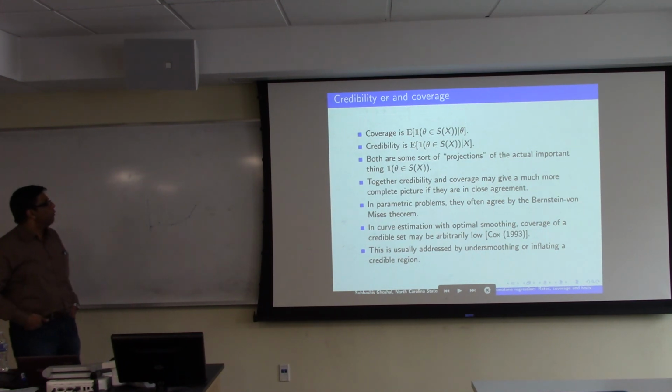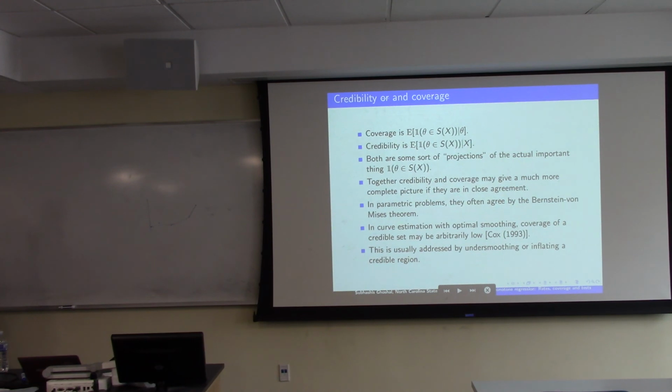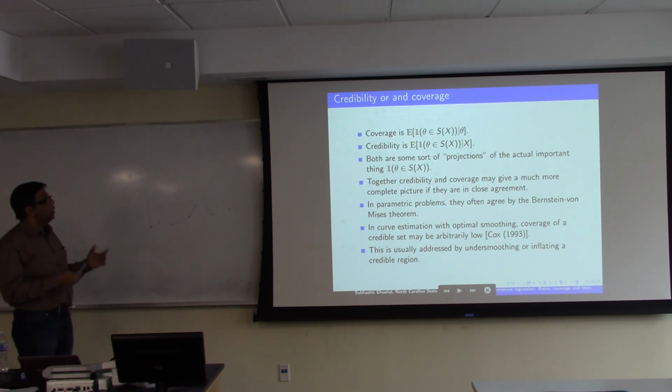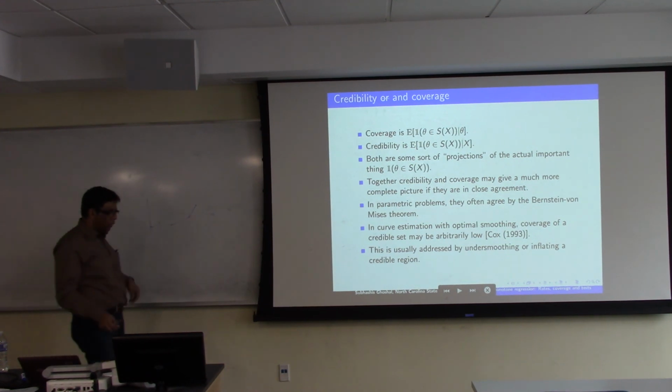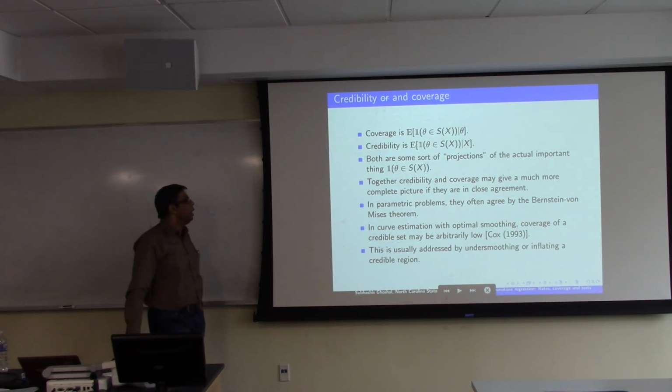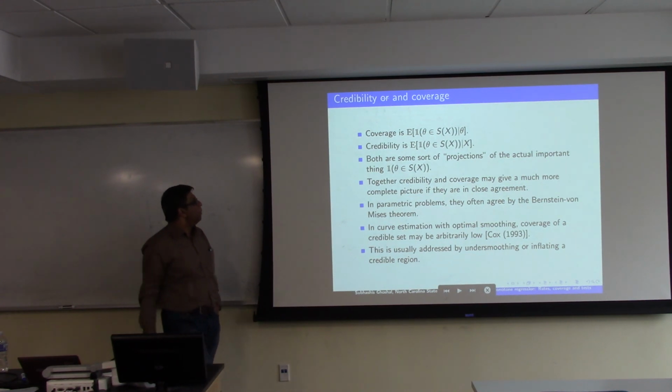This is a very interesting problem, and nowadays there is a lot of attention on whether Bayesian sets have good frequentist coverage. There's a reason for that: Bayesian sets are easy to construct, so if they have adequate coverage, then you have solved an important problem. But in the monotonicity context, it has not been studied.